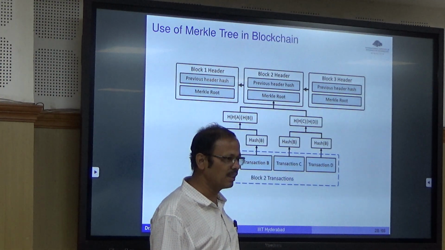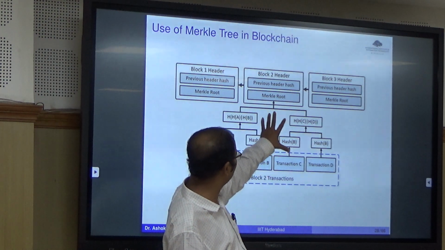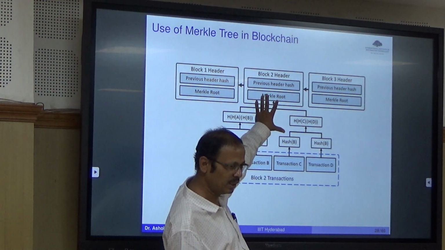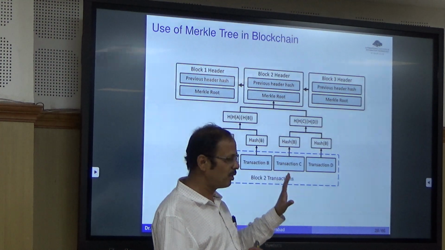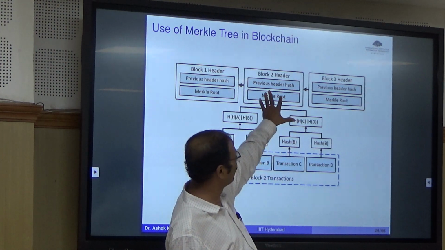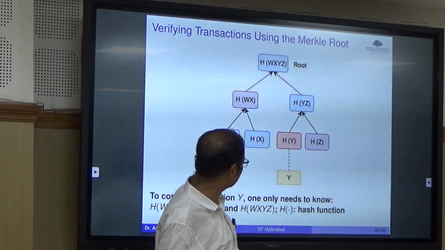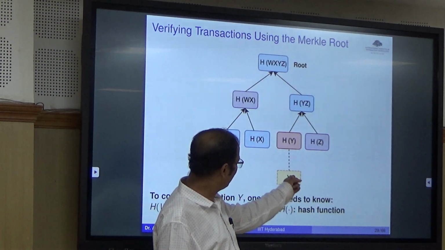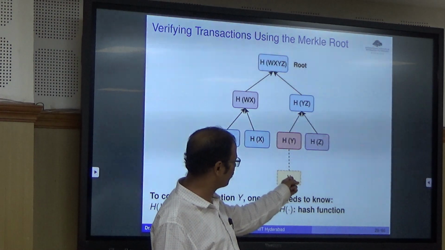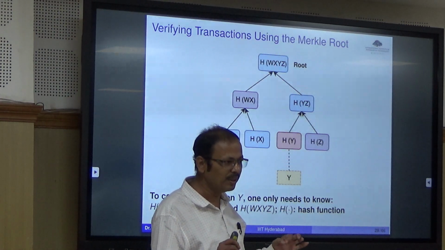Now the question comes: say you want to verify whether this block is correct or not using the Merkle tree root, and confirm that whatever transactions are put in the block are valid. So for this purpose, suppose that you want to verify whether transaction Y is correct in the block or not.